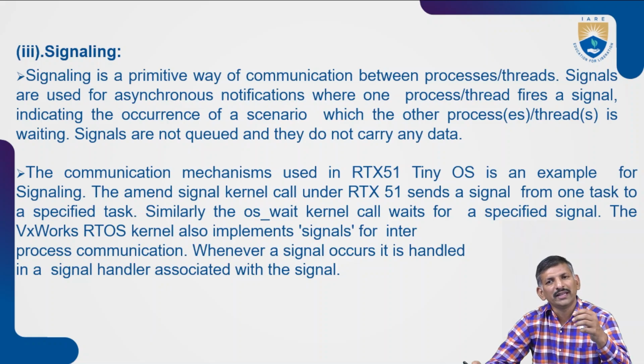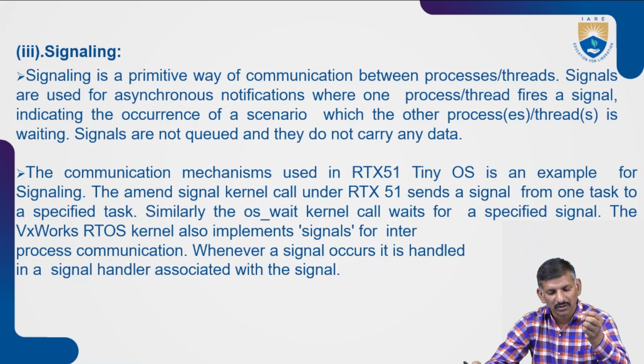Or whenever an accident occurs, that is some signal. At that time, airbags will be opened automatically without human interaction. That indicates the scenario which the other process is waiting for. Signals are not queued and they do not carry any data.